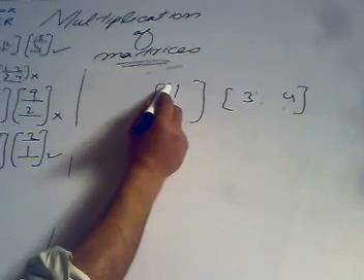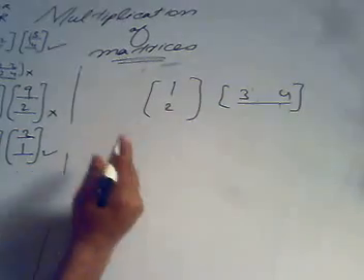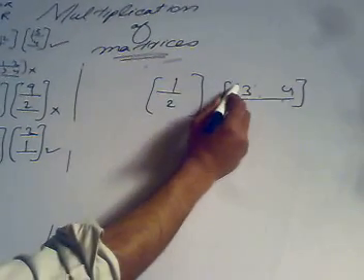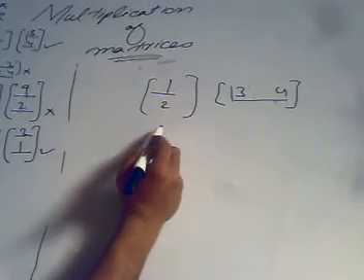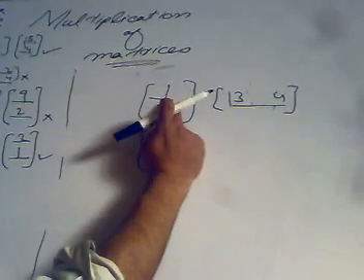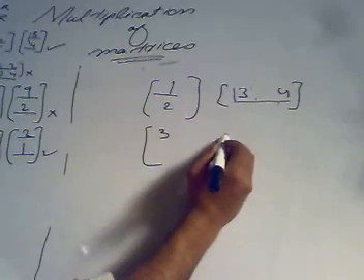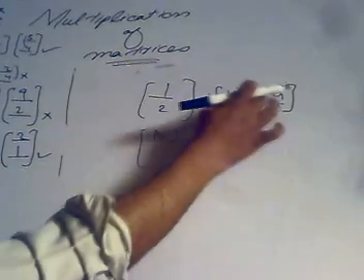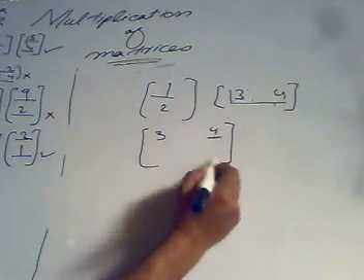Here we have one column and here we have one row, so there's no problem, we can multiply these matrices. First we will multiply the first row with the first column. In the first row we have only one element, so it would be 1 3s are 3, and we'll write the answer here. Then first row with second column, so 1 into 4 will be 4.